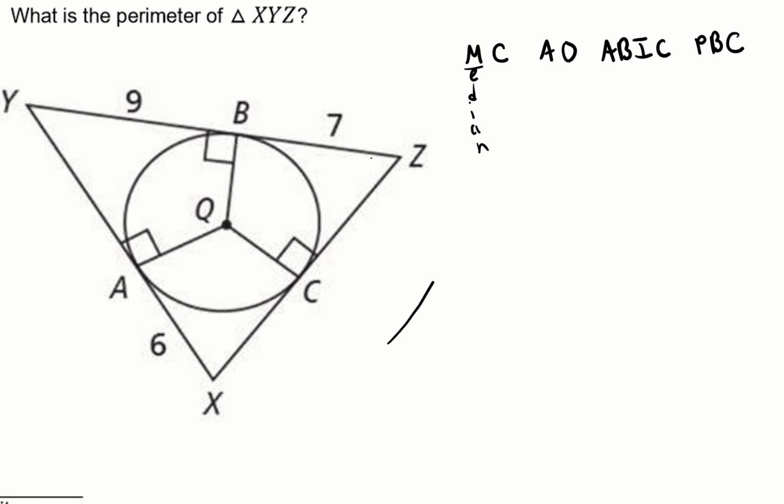Remember, the median of a triangle connects the midpoint of one side to the vertex on the opposite side. And that's the median. So basically it cuts this opposite side in half. And the special center for the median, if you combine multiple medians together, that special center in the middle is called the centroid.